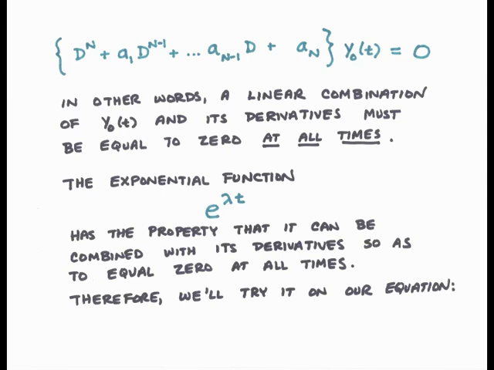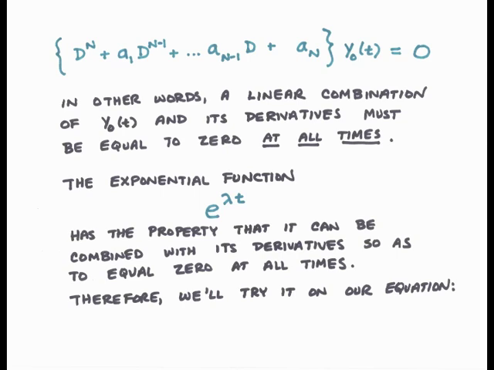The exponential function e to the lambda t has this particular property. The derivative of e to the lambda t would be lambda e to the lambda t. In other words, it has the same functional form as what we started off with. So e to the lambda t seems particularly promising as a solution to this differential equation.